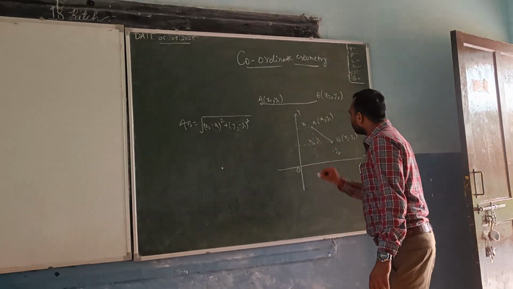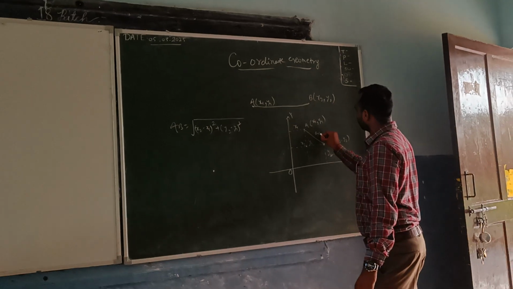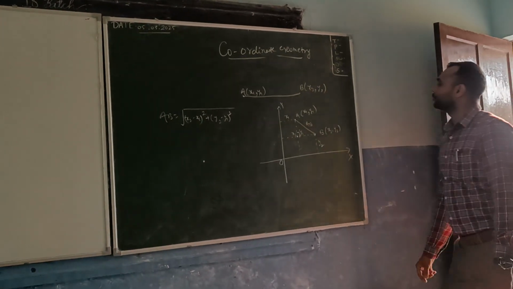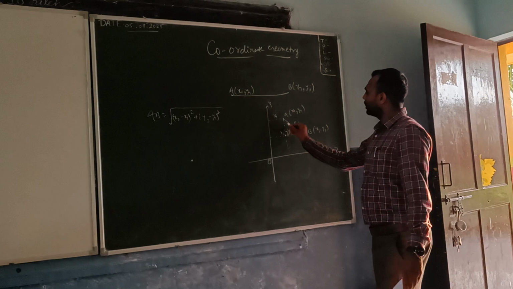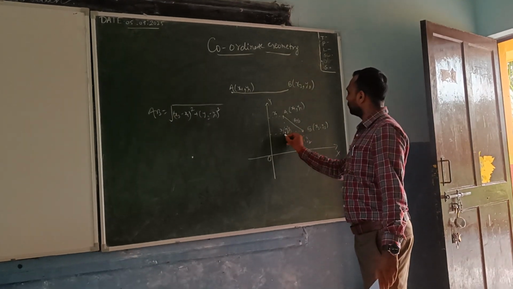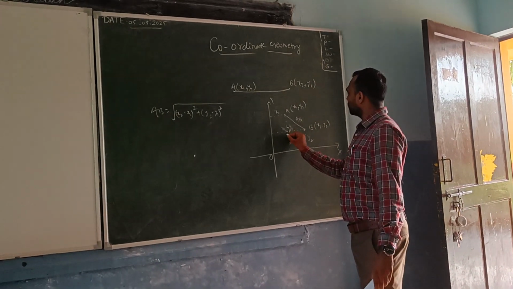Now we can find the distance AB by using the Pythagoras theorem. What does Pythagoras say in this right angle triangle, suppose this one is ABM.